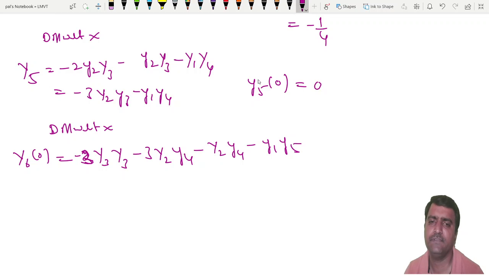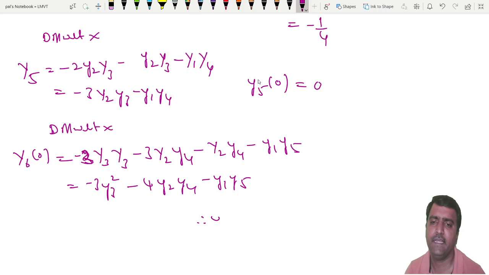Differentiation of y4 is y5, which is equal to minus 3 y3 square, minus, these two can be added because y2 y4 is there, 4 into y2 y4, minus y1 y5. So now you can calculate y5 of 0, y6 of 0.